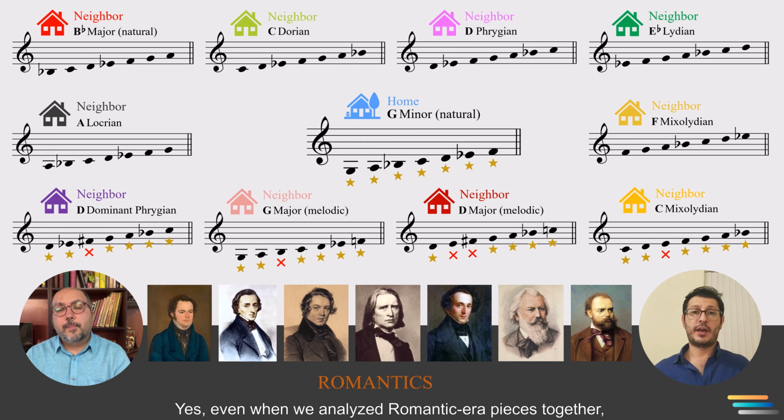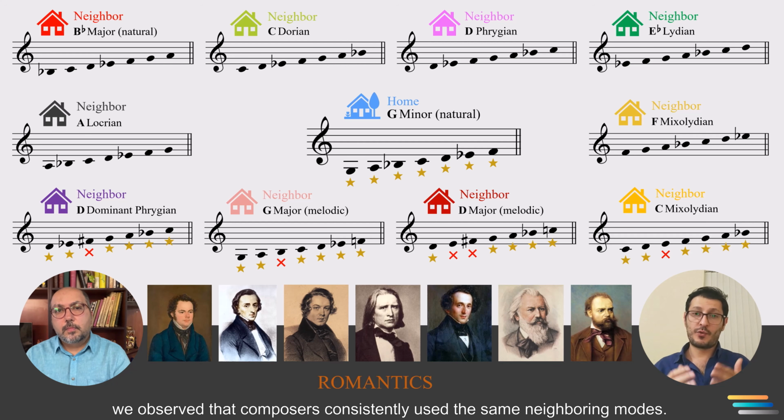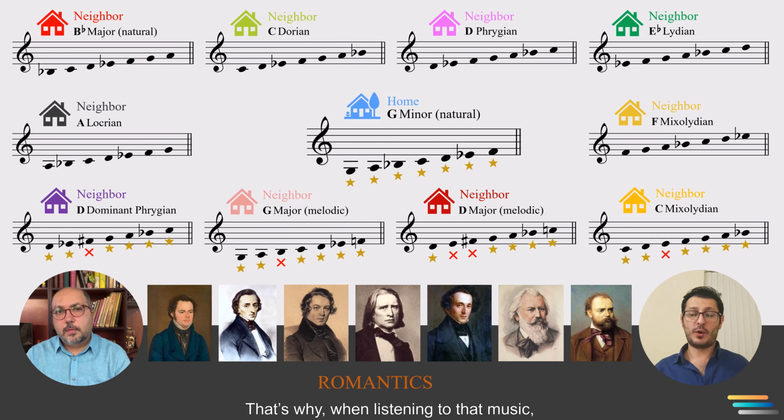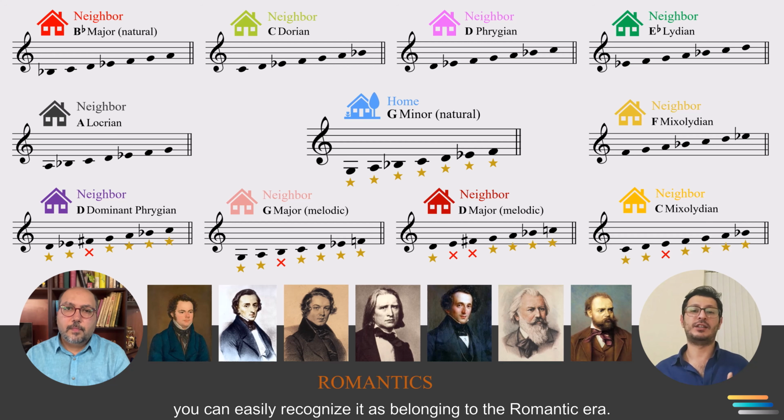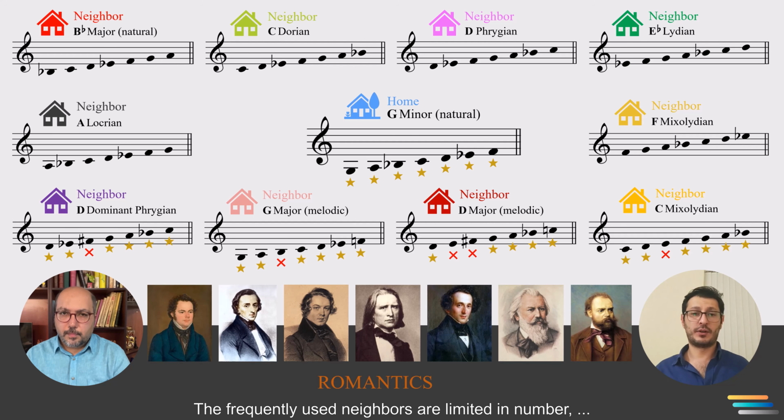Yes, even when we analyze Romantic era pieces together, we observed that composers consistently use the same neighboring modes. That's why when listening to that music, you can easily recognize it as belonging to Romantic era. The frequently used neighbors are limited in number, and we've shown this throughout the course lectures.